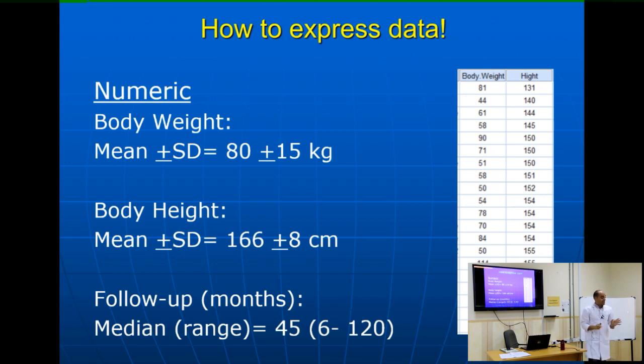Abnormally distributed data, expression by median and range. Again, normally distributed data expressed by, abnormally distributed data by. It is crucial. Hundreds of mistakes in manuscripts because people do not understand what normally distributed data and abnormally distributed data mean, and they express data wrongly.